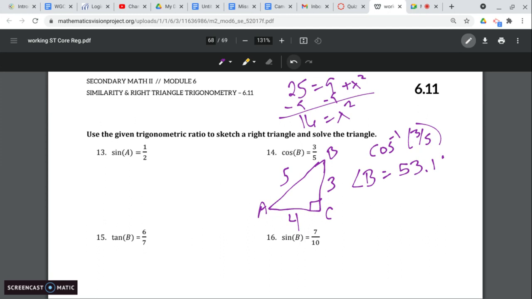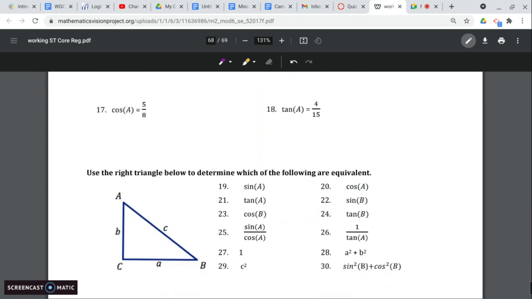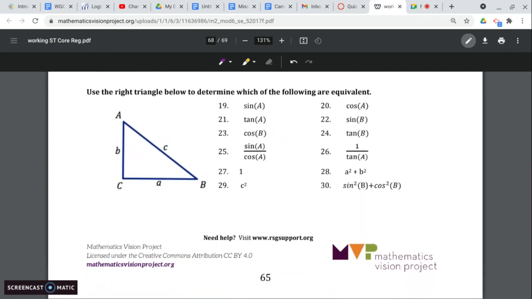And then, like I've said before, you can always use subtraction with the triangle angle sum theorem and take 90 minus 53.1 to get 36.9 degrees for our second angle. So that's what you guys are doing on this section here. You're drawing out that triangle and then showing what the missing parts are.